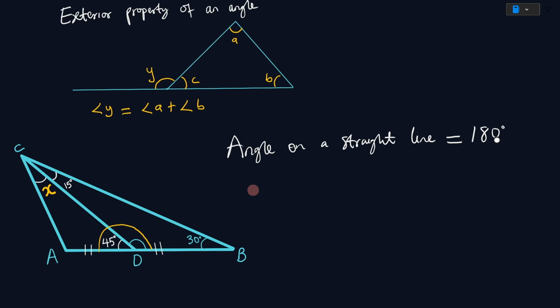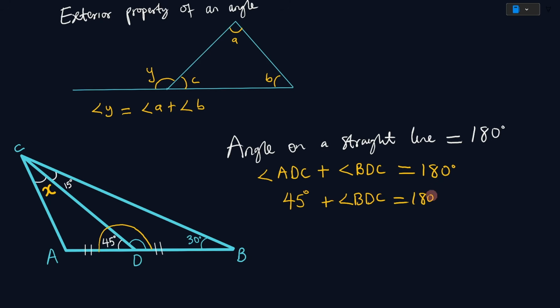So which angles are on the straight line? These are angle ADC and angle BDC. If we add them, they should give us 180 degrees. We are given that angle ADC is 45 degrees. So angle BDC should be equal to 180 minus 45.